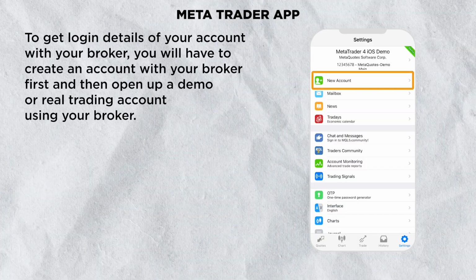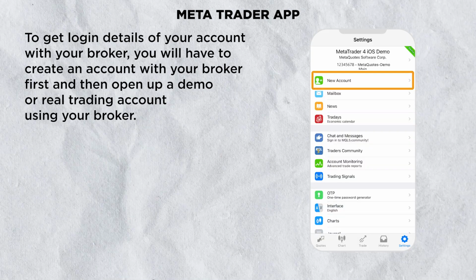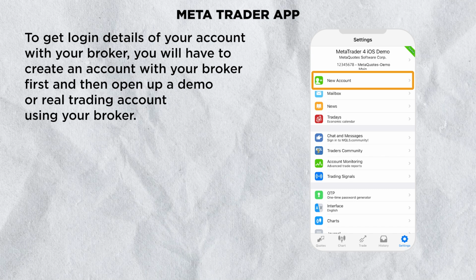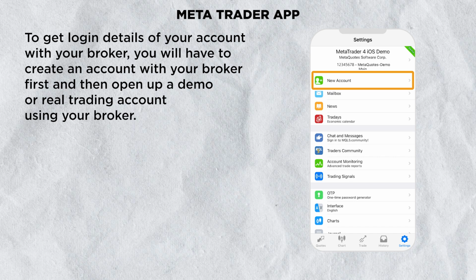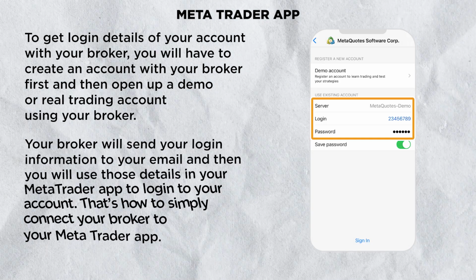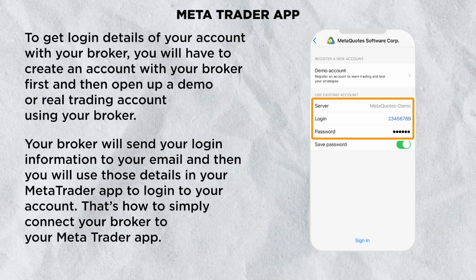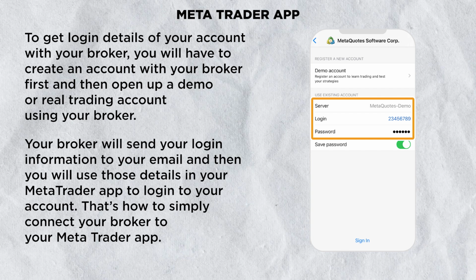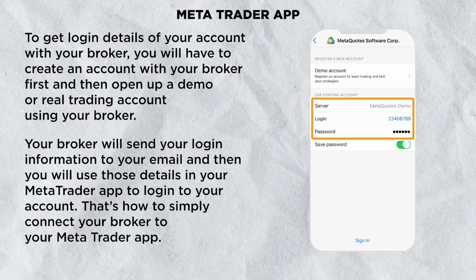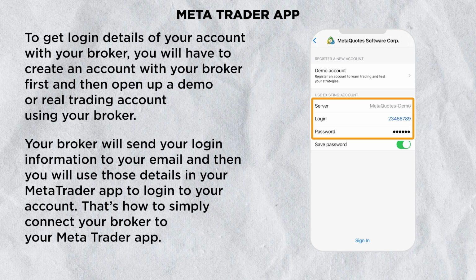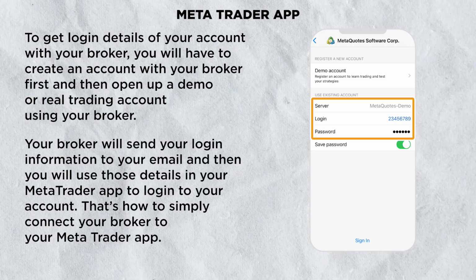To get login details of your account with your broker, you will have to create an account with your broker first, and then open up a demo or real trading account using your broker. Your broker will send your login information to your email, and then you will use those details in your MetaTrader app to log in to your account. That's how to simply connect your broker to your MetaTrader app.